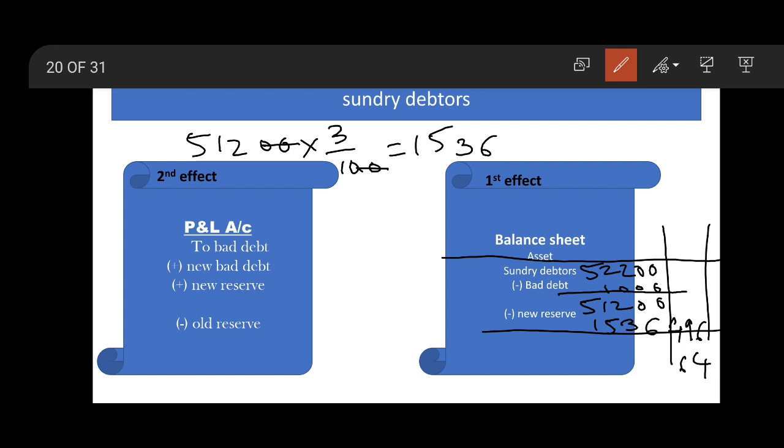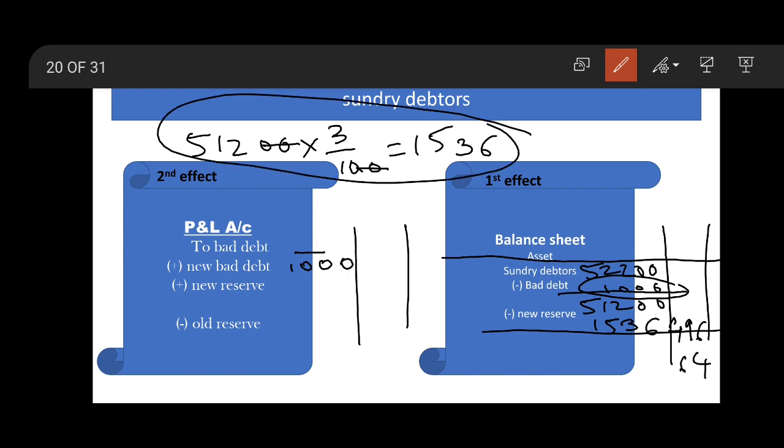The next effect here to the debit of profit and loss account. Do we have old bad debt here? No, right? So nothing in old bad debt. What is the new bad debt here? We got 1000. This is the new bad debt. So 1000 in front of new bad debt. Again new reserve we got 1536, which we have calculated at 3% here. So 1536 is added as new reserve.